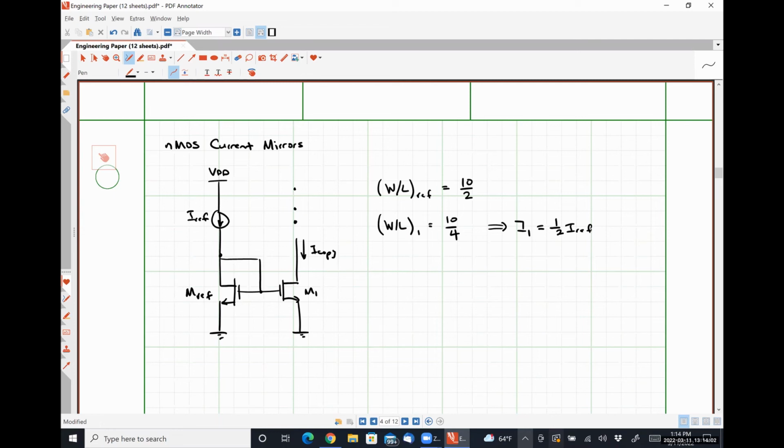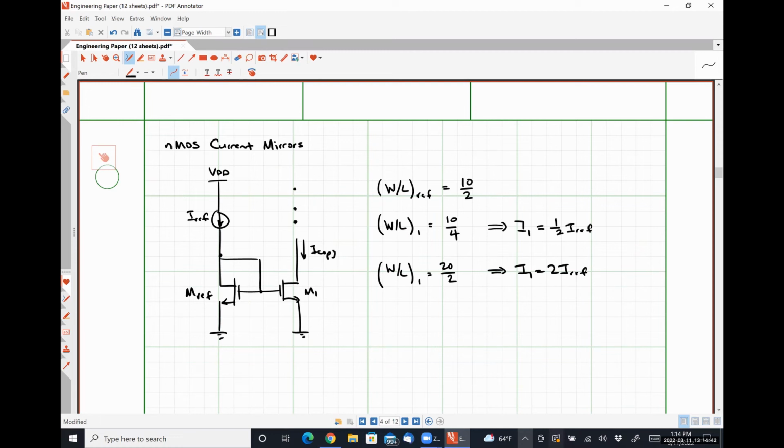Similarly, if W over L1 were 20 by 2, so if the aspect ratio is twice as large, our current should be twice as large. So this scaling is actually extraordinarily easy to carry out when we're designing CMOS integrated circuits, because it's literally, if we want twice as much current, make the transistor twice as big, or twice as wide, I guess would be a better way to put it, because we're scaling the ratio.